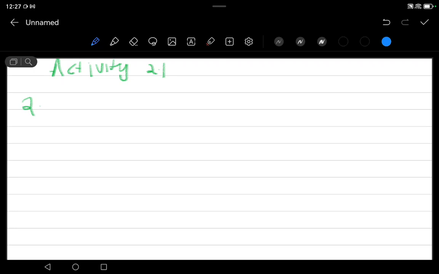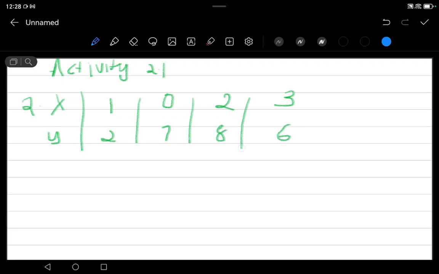They've already given us the table, so we have x: 1, 0, 2, 3, and y: 2, 7, 8, 6. This is what we're going to use.